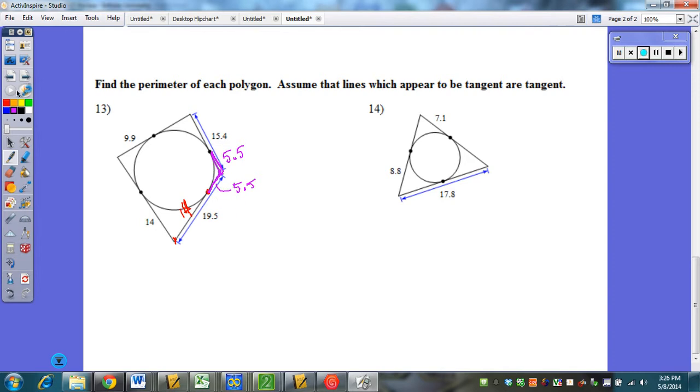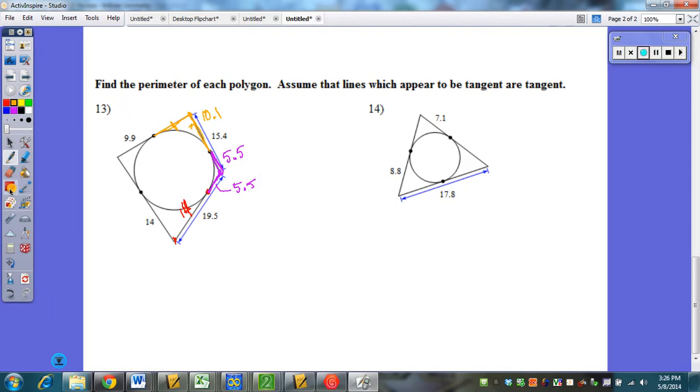which tells me that now this segment right here from this exterior point to that point of tangency, to that exterior point, these are going to also be equal. So that means that I'm going to have a difference of 9.9. No, I'm sorry, 9.9.